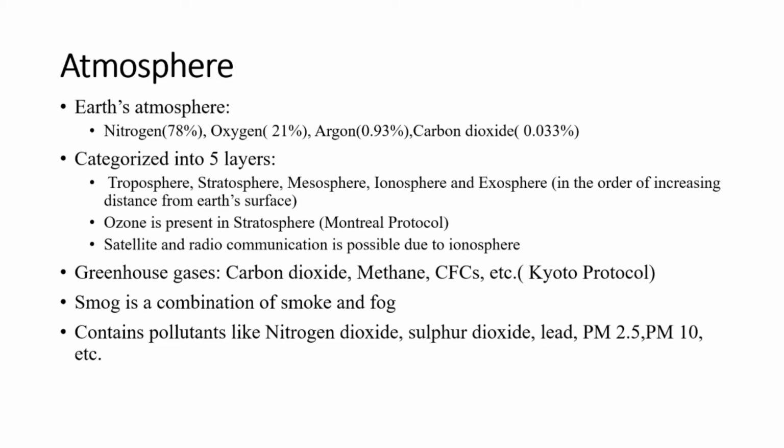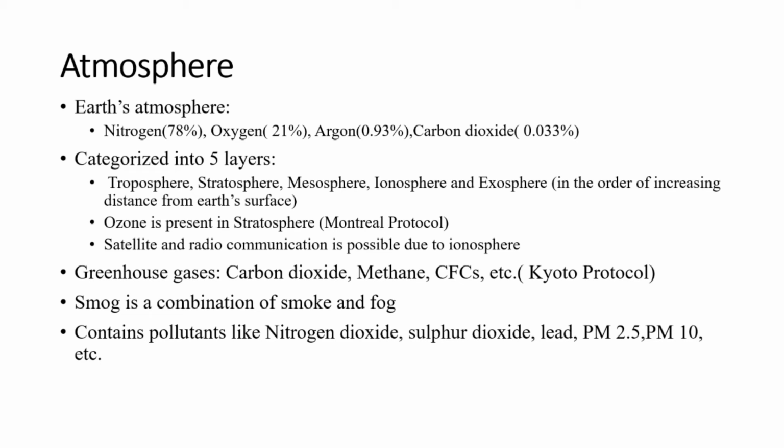Primary pollutants are those which originate directly from a source, like carbon monoxide, nitrogen dioxide, sulfur dioxide, lead, particulate matter 2.5 and particulate matter 10. All these are primary pollutants, as they originate directly from a source.